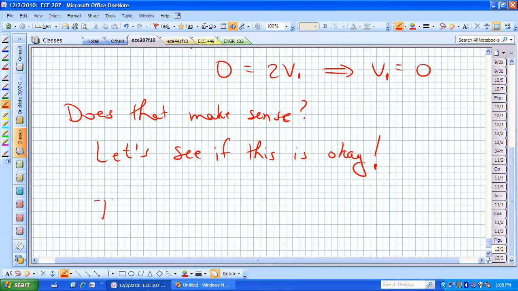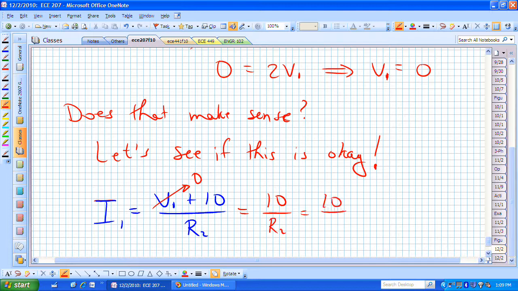We still have our I1 equation from before, which was equal to V1 plus 10 over R sub 2. And we just computed V1 to be 0, but that's okay. We now have I1 is 10 over R2. R2 was 5K, so this is now 2 milliamps.